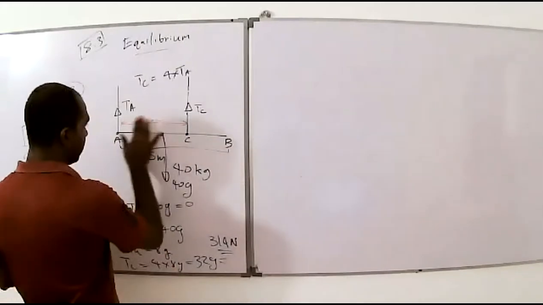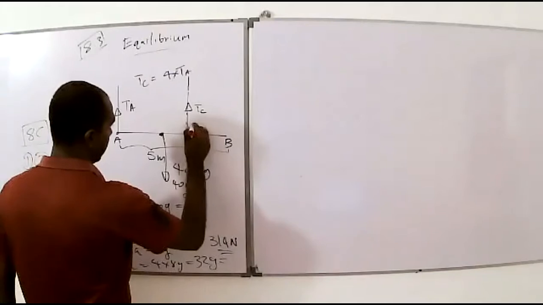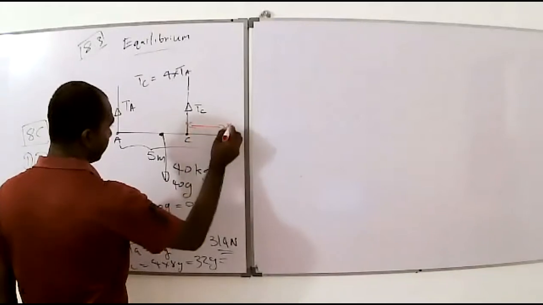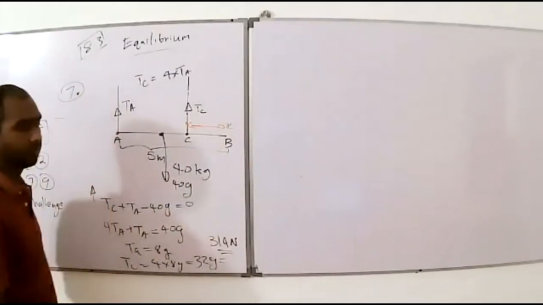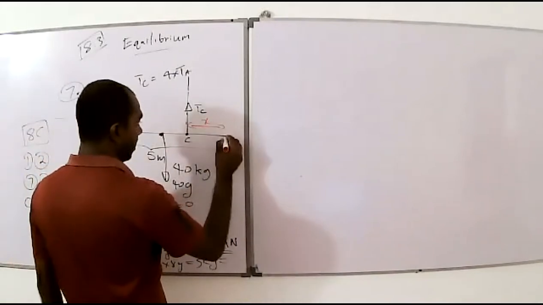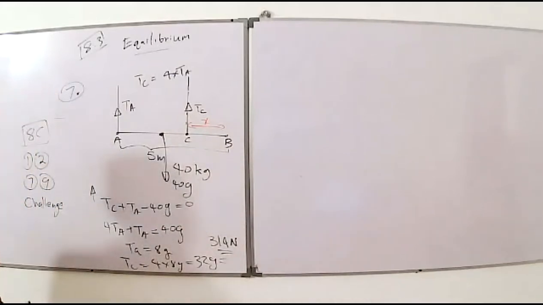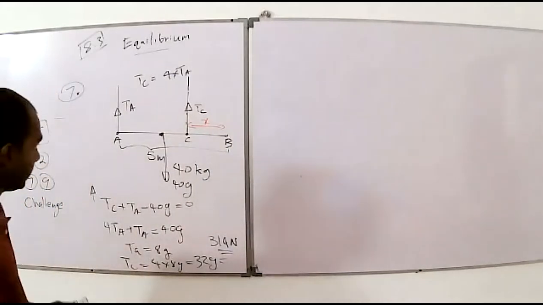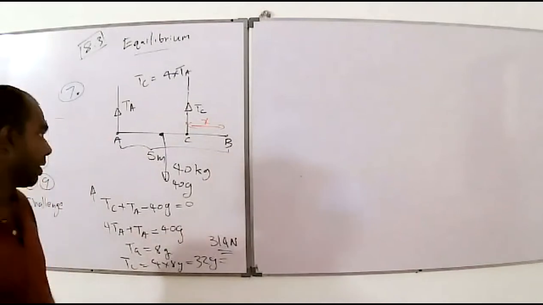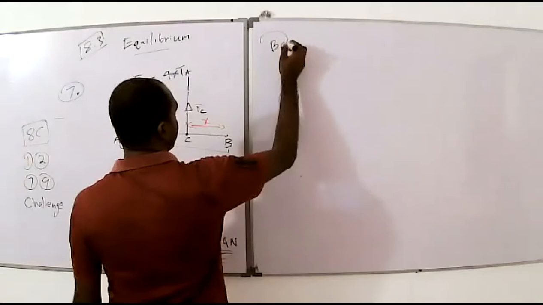So let's not take this as x, let's take this length CB as x. How can we find it? What to do? You can simply take moments around B. Then you will find it because we already know TC and TA. So I am going to take clockwise moments.